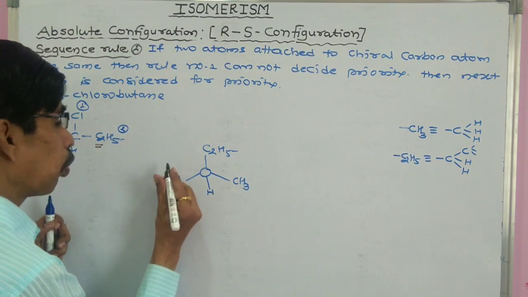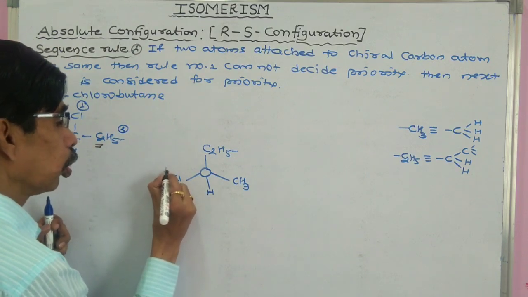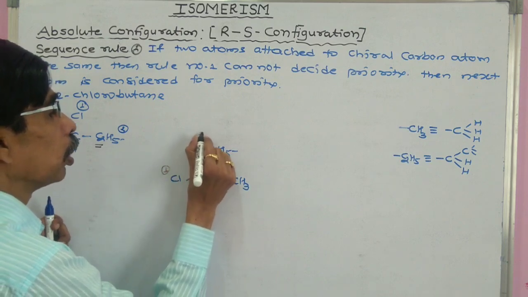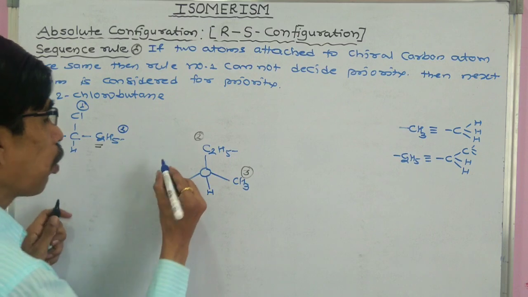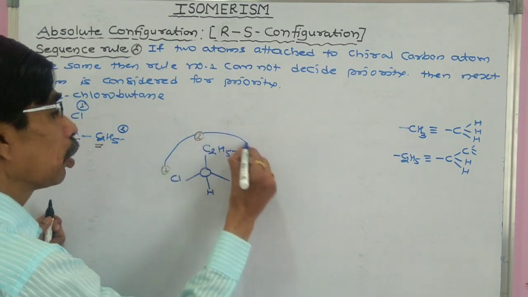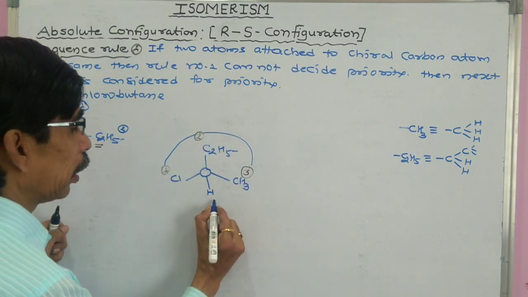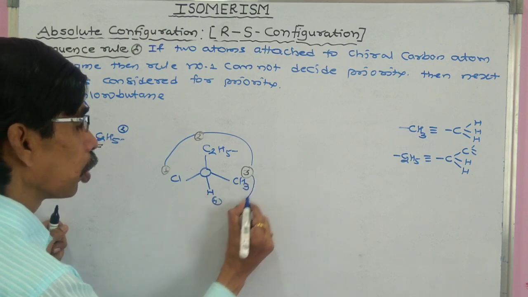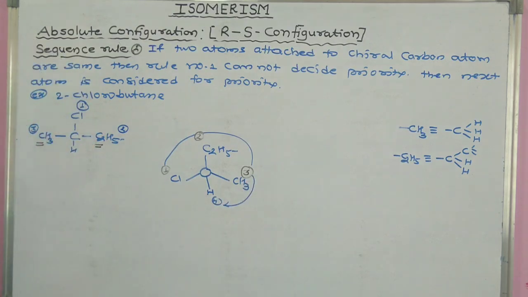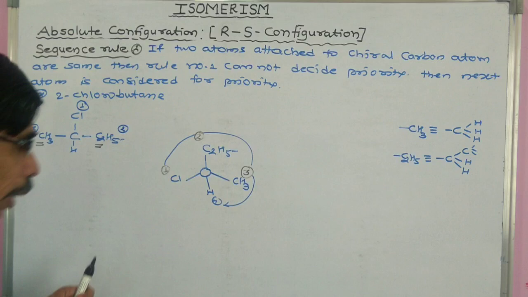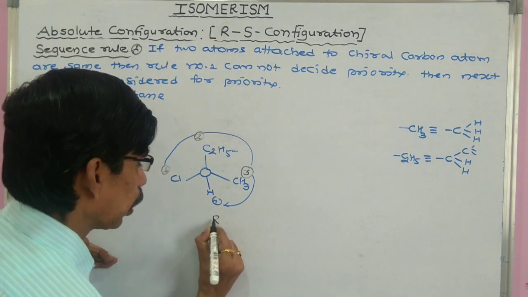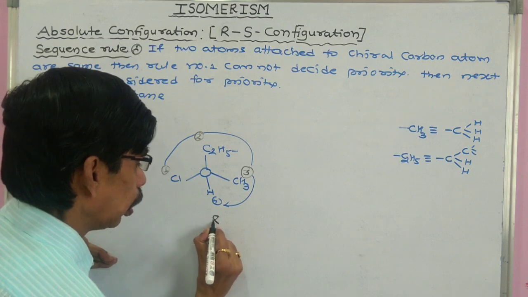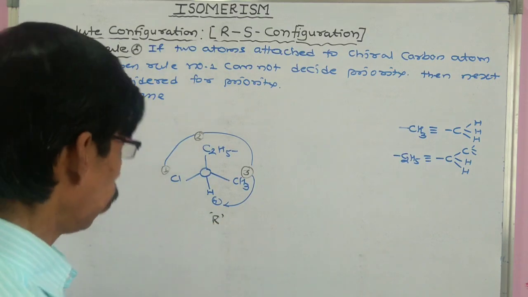Now in numbering, this is number 1, this is number 2 and this is number 3. So now we can travel from first to second, second to third. So this rotation is in the clockwise direction. Therefore, this is the R configuration.